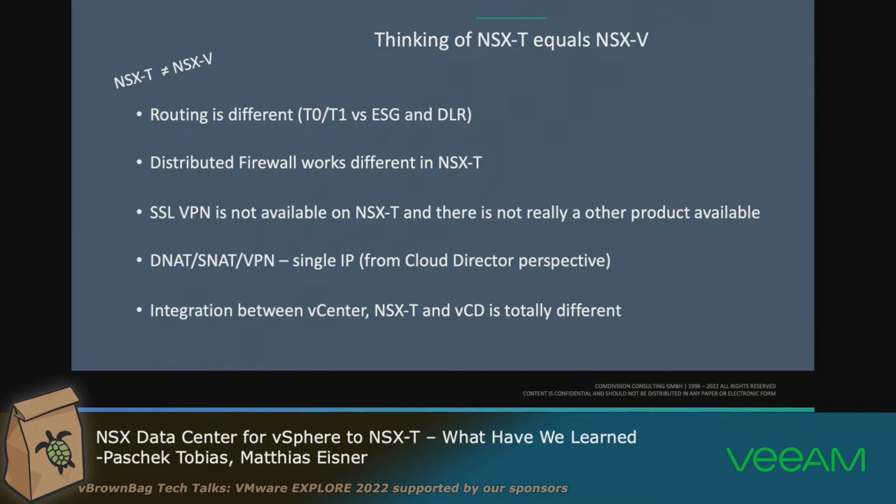In NSX T, we need to use the distributed firewall, which means we need to rework our organization virtual data centers, bringing in data center groups, because the distributed firewall in NSX T with Cloud Director can only be utilized with data center groups. This means we may need to deploy additional edge gateways, depending on what the environment looks like and how the customer is going outside.